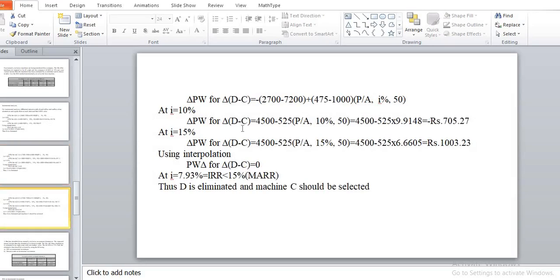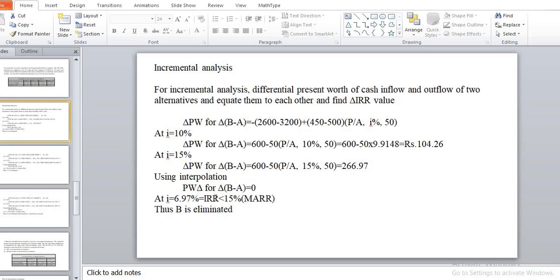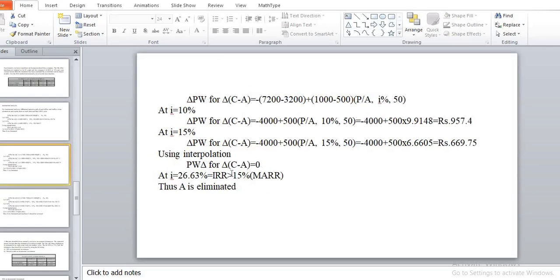Now the third case, D minus C, we consider. In both previous cases, B is eliminated, and A is also eliminated. Now C remains here.